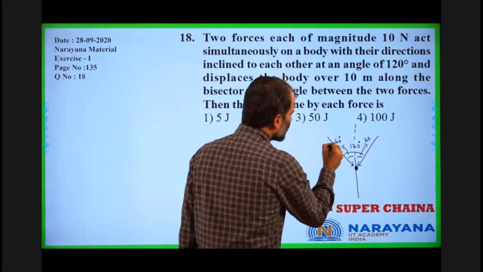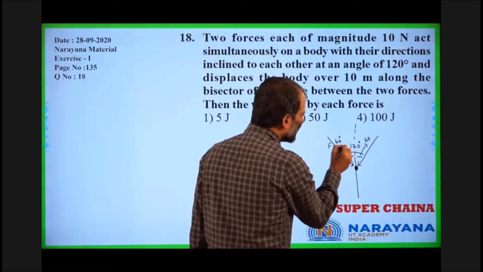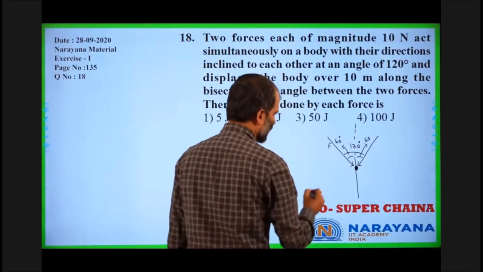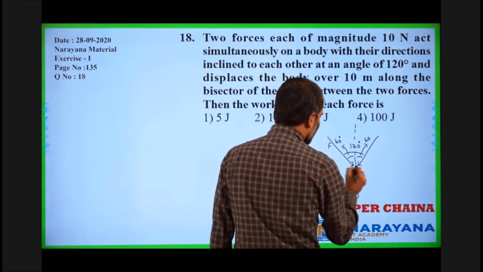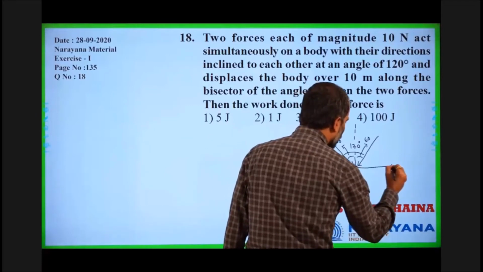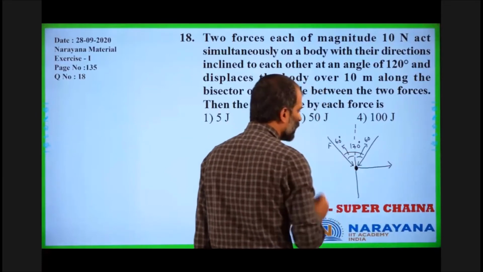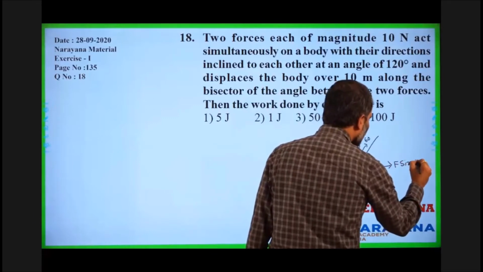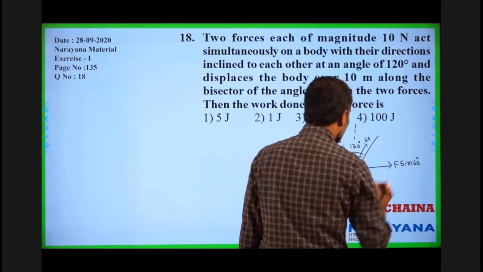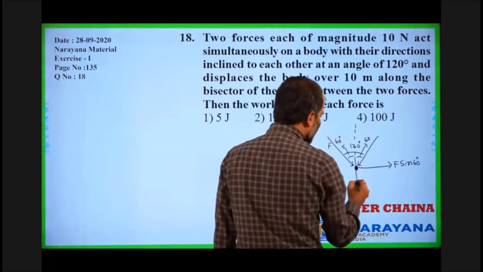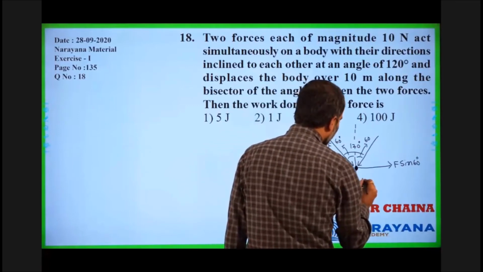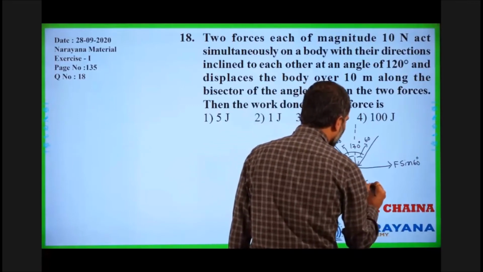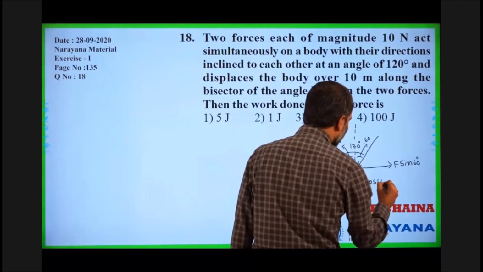Now since the force is applied at an angle of 60 degrees with the vertical here, this force would be acting onto the body in this particular direction, which is equal to F sin 60 over here, and along the vertical direction it is equal to F cos 60.